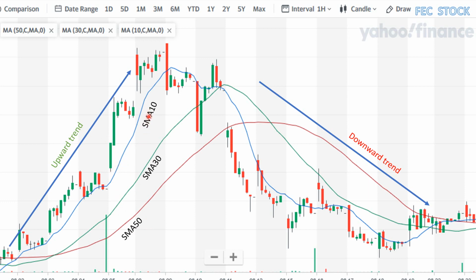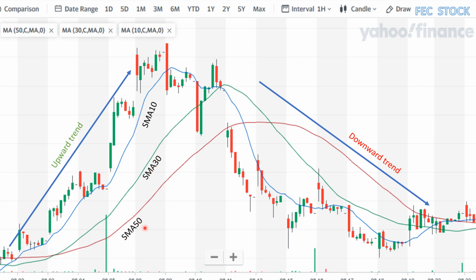SMA 10, indicated by blue color, is considered the fast moving average indicator because it's much closer to the price. Then SMA 30 is the intermediate indicator, indicated by green color.